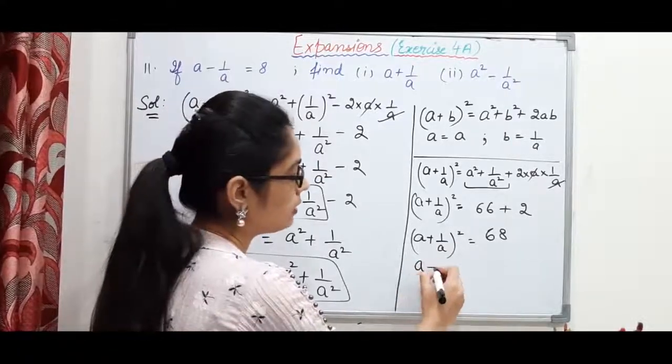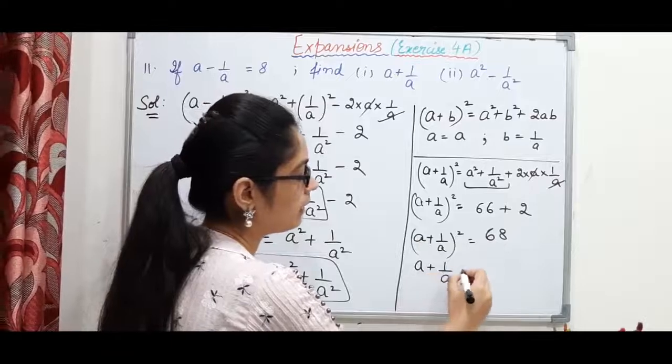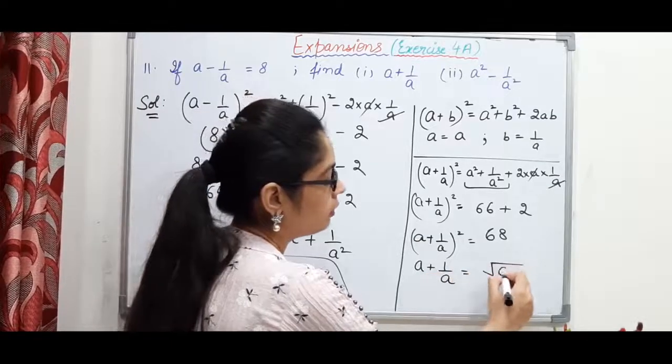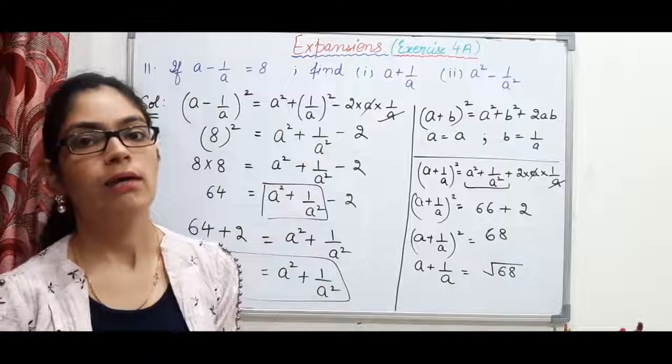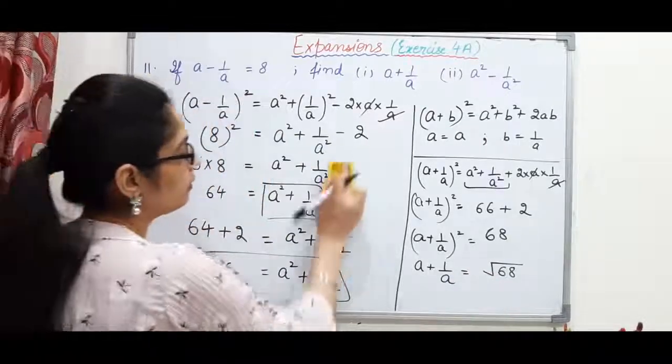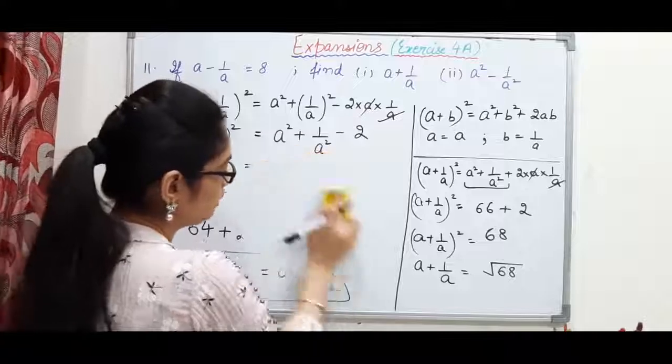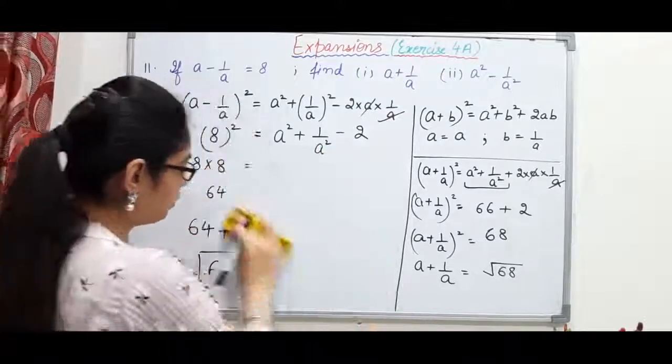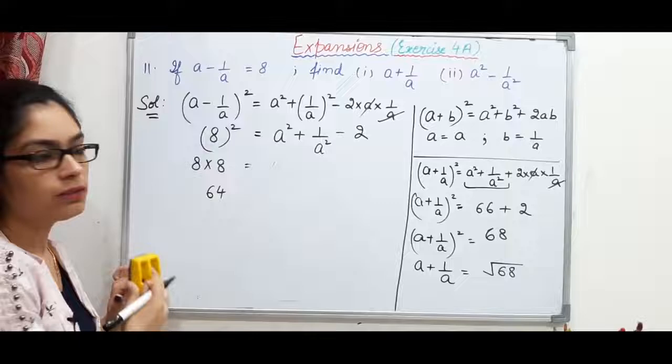So the square we will shift to the other side, and on changing the side, square will change to square root. So let's find the value of square root of 68, the same way we found the value of root 32 in the previous question.